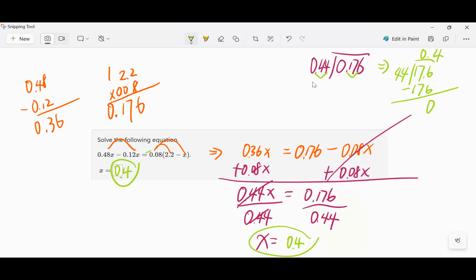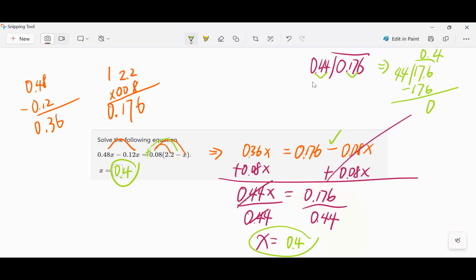Here it's plus. By default there's no sign here, but it's positive, positive 0.08, and plus times minus is minus. Right? Okay.